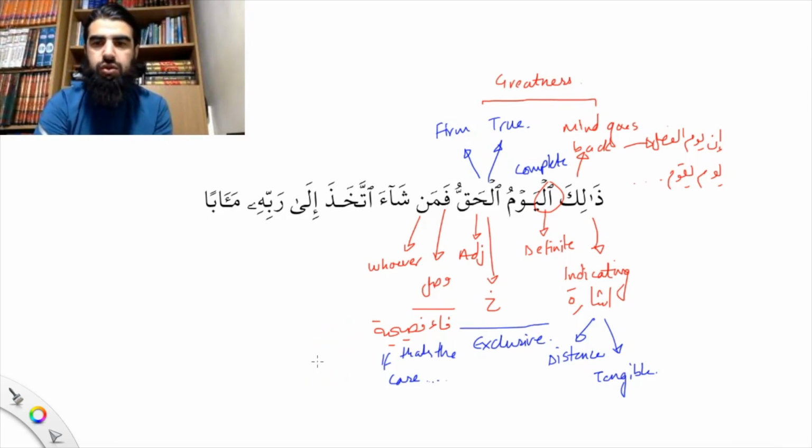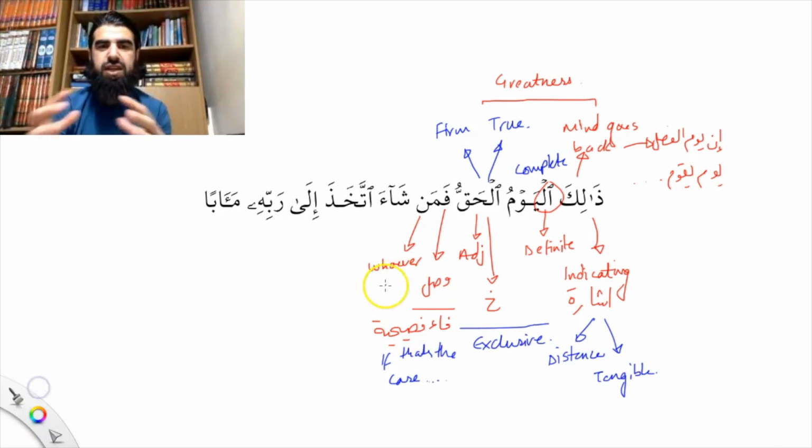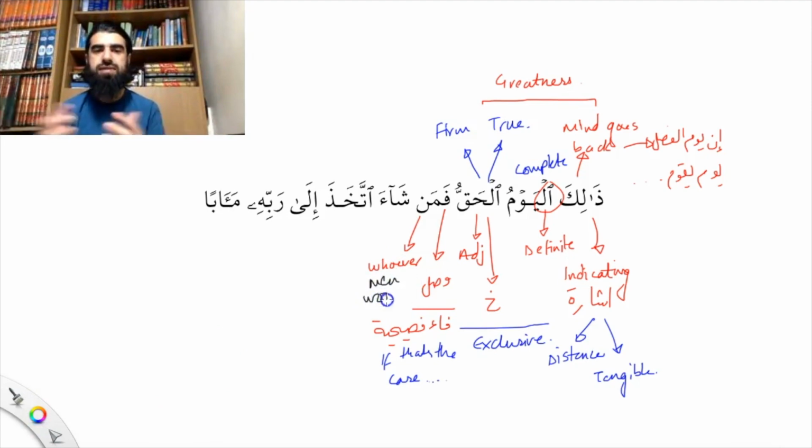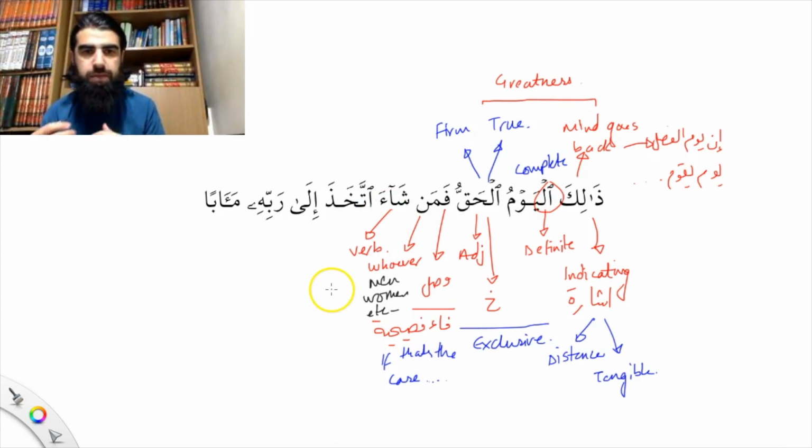Whoever. So whoever here, you'd have this inclusive feel. It's like including every single person. So your mind now goes from the day of judgment towards everyone. This is a form of iltifat as well. You're shifting from one place to another place. Man sha'a attakhadha ila rabbihi ma'aba.